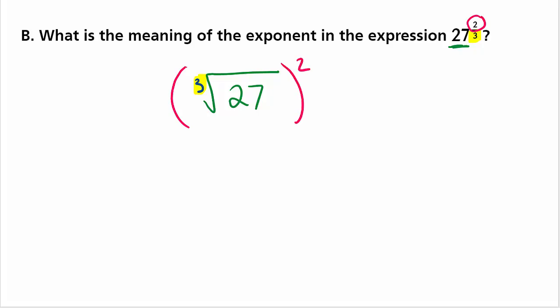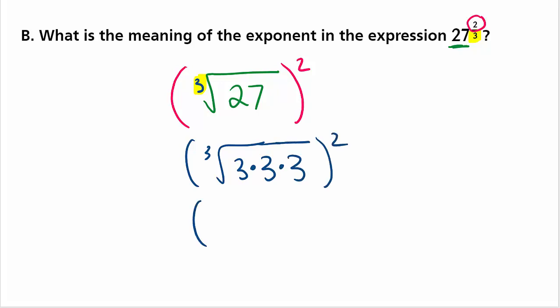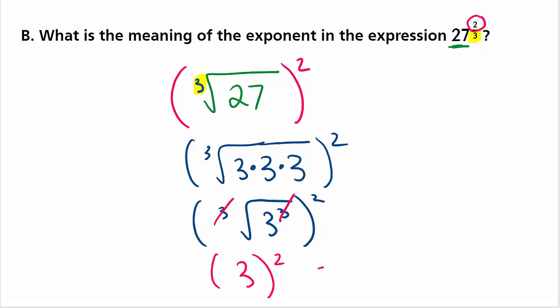Then we use our order of operations, so we're going to simplify the inside. We take the cube root of 27. 27 is the same as 3 times 3 times 3, so really we have 3 cubed. We will cancel, so we end up with 3 squared, which is equivalent to 9.